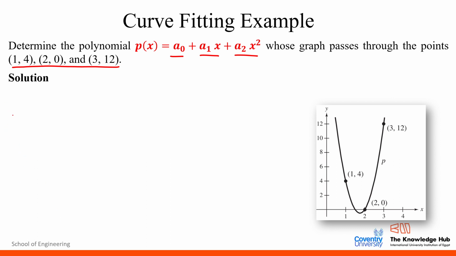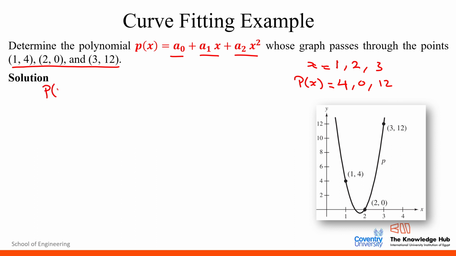Here we can write down the values of x. I'm going to substitute with 1, 2, and 3. The values of p of x would be 4, 0, and 12.